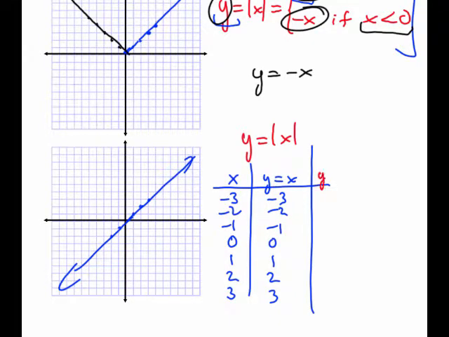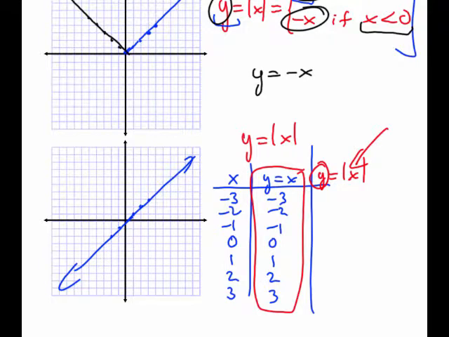Now I want to consider what happens to the blue graph when I apply the absolute value. Well, I'm still able to put the same values of x in, but what's going to come out is the positive of the y values that came out before the absolute value was there. So all of these y values are going to become positive. And if you ask yourself, what changes on the new graph? Well, any point with a negative y value, such as this point, reflects above the x-axis.